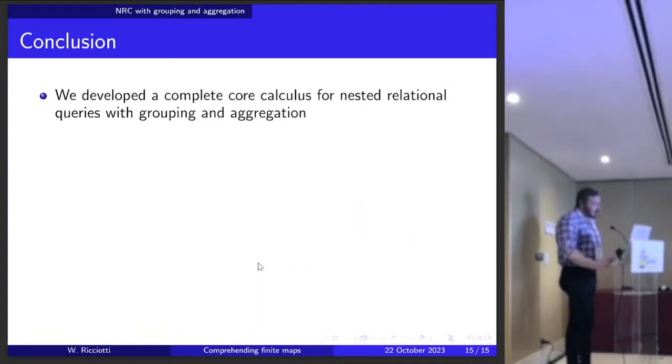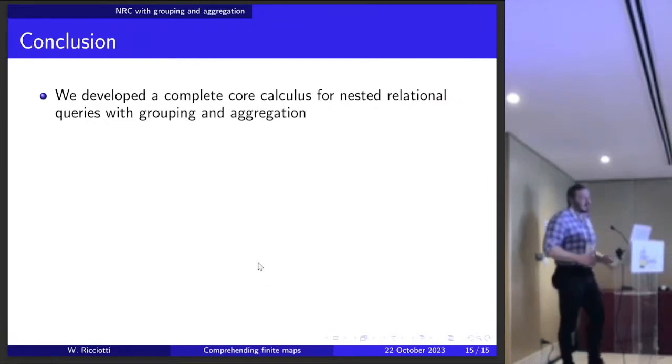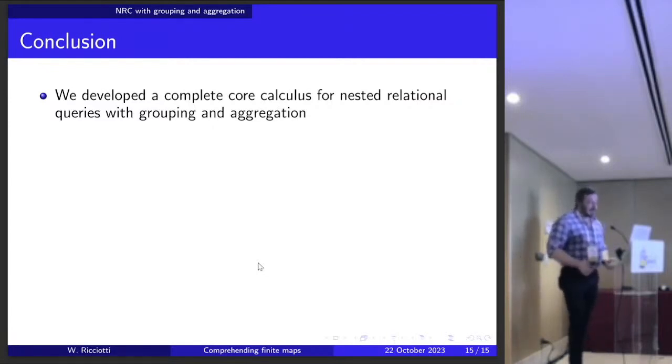Yes, to conclude, as far as I know, there have been other attempts at core calculi for grouping and aggregation, but this is, as far as I know, the only case in which you have several desirable properties: higher order functions, finite maps as first-class values, and the possibility to deal with nested finite maps, and a full proof of strong normalization.